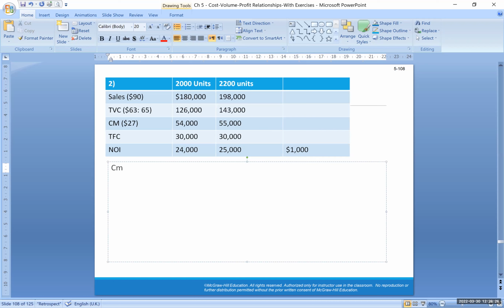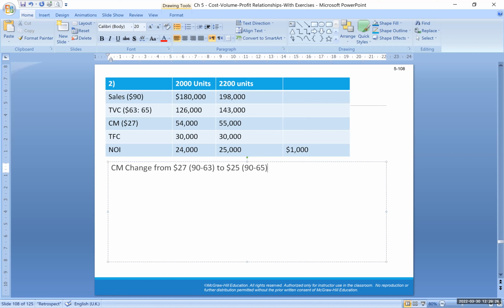The contribution margin changes from $27 to 25. Why? Because we increase the variable costs, okay? The 27 represents 90 minus 63, okay? And we change to higher quality raw materials, so it becomes 90 minus 65, okay? Now, we do have a change in the contribution margin of $2. This makes the contribution margin 25, not 27, right?